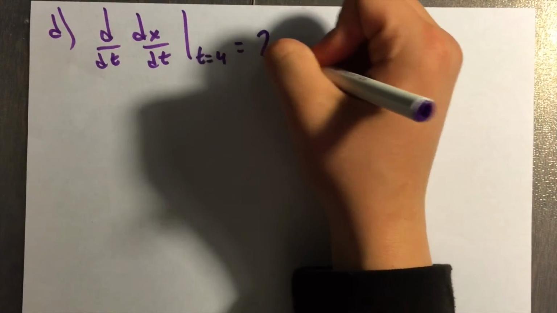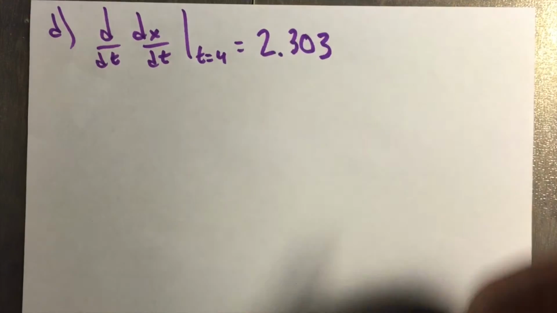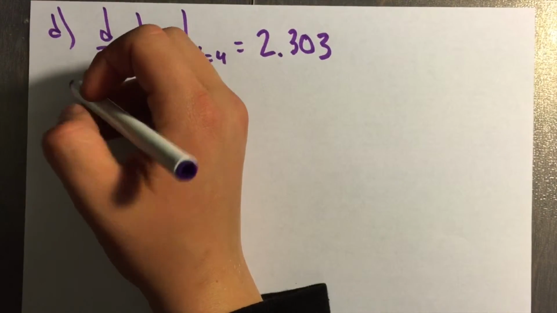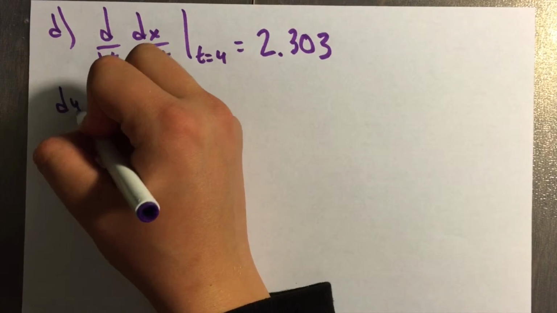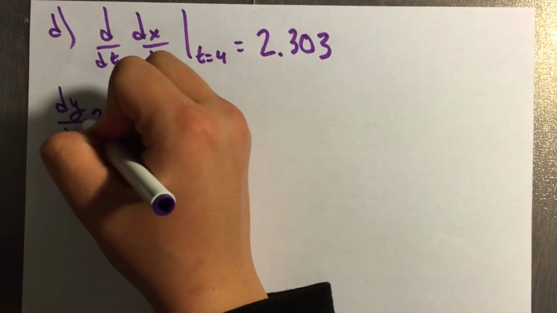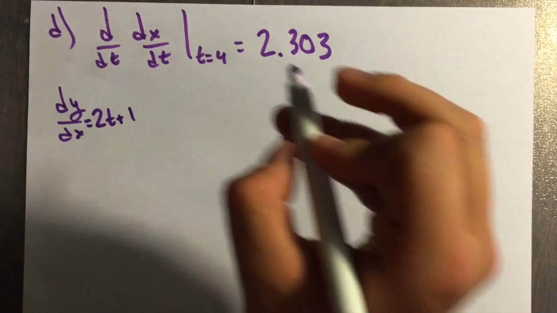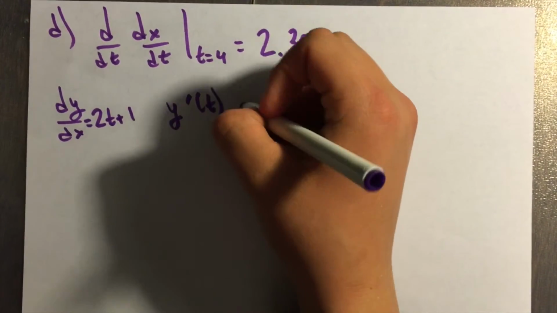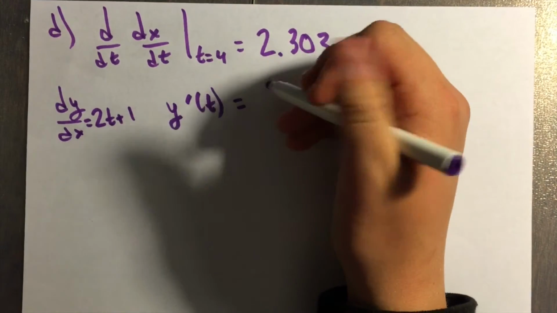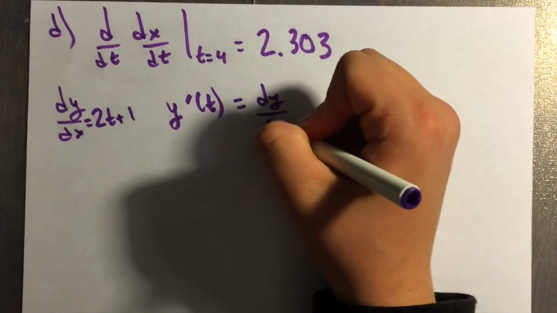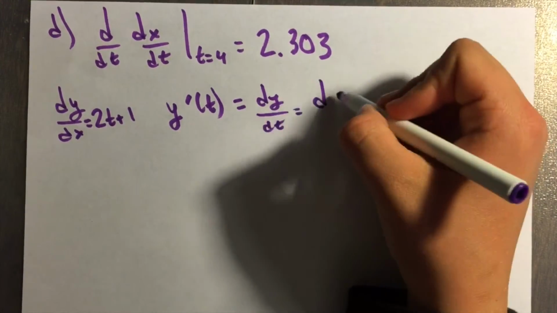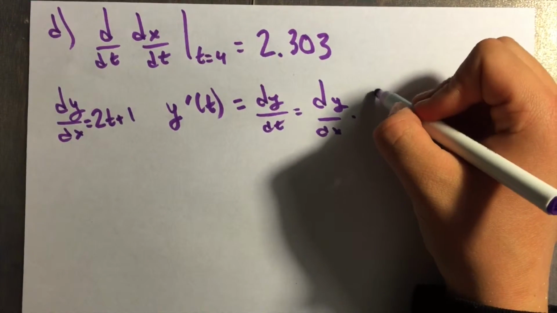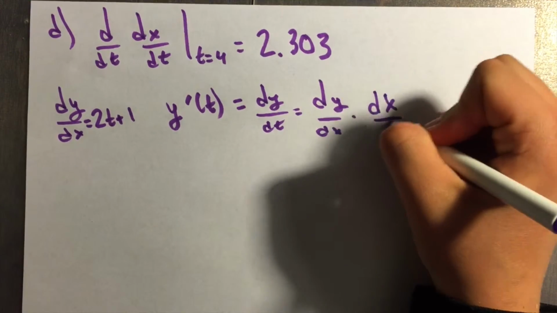That is equal to 2.303. Then for the y part, we know that dy/dx is equal to 2t plus 1, and we must find y prime of t. y prime of t is equal to dy/dt, which is equal to dy/dx times dx/dt.